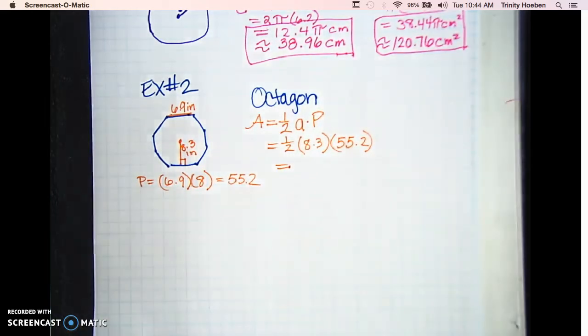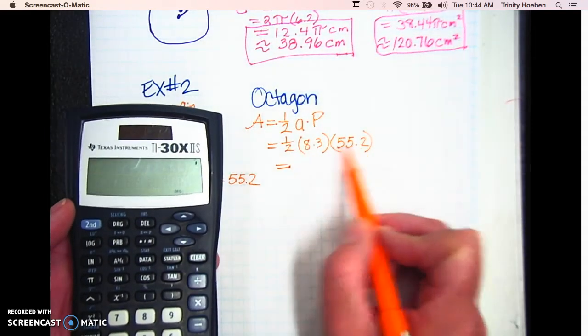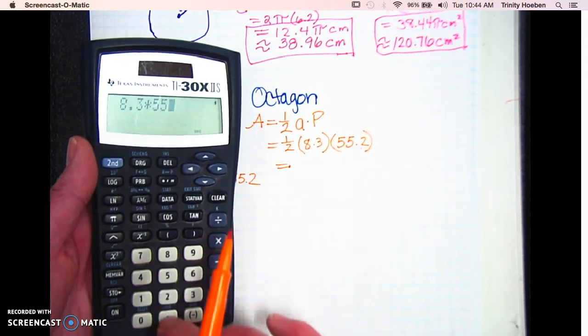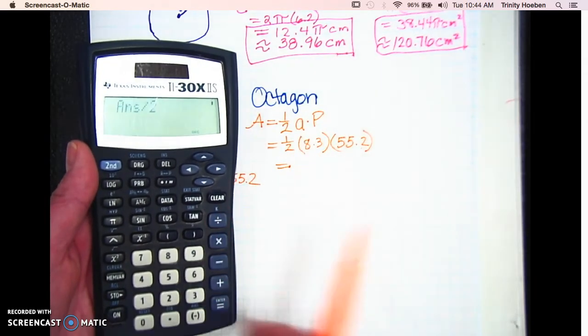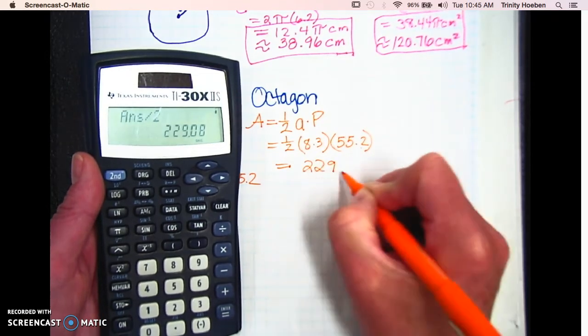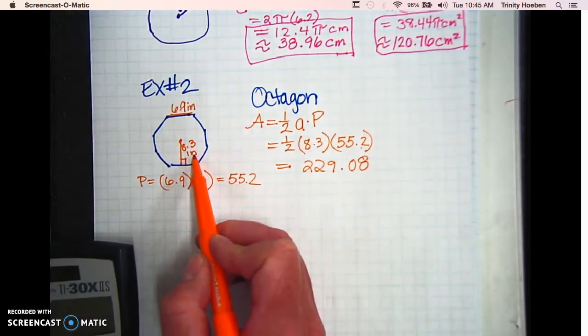All right. So on your calculator, I would multiply these 2 numbers first, then divide by 2. So go 8.3 times 55.2, divide that by 2. I've got the area at 229.08, and this one was in inches.